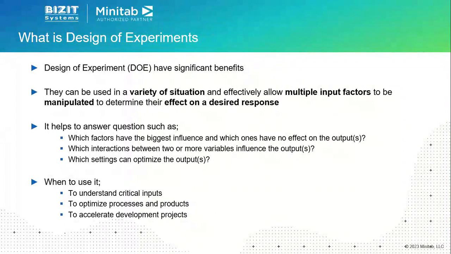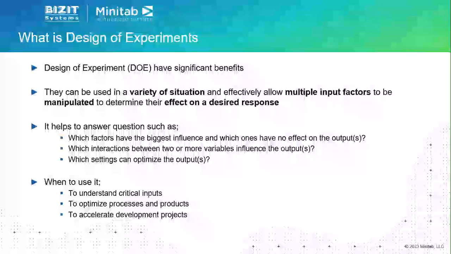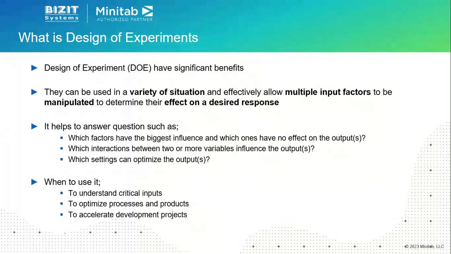In DOE, you can answer these questions: which factor has the biggest influence, and which one has no effect on your output? Or maybe you want to see the interaction between two or more variables.